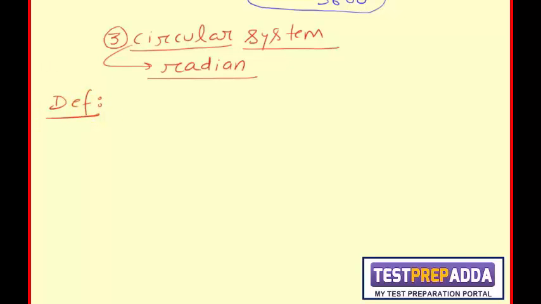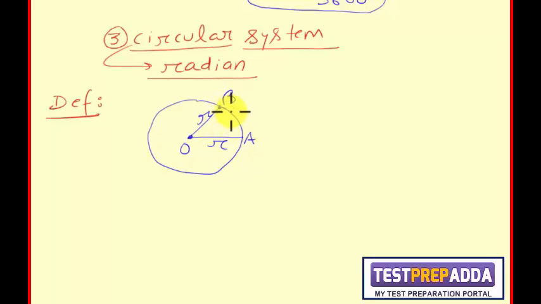Definition of radian. Consider a circle. This is the center. Consider the radius as r. This as A. Another point B. This will also be r.